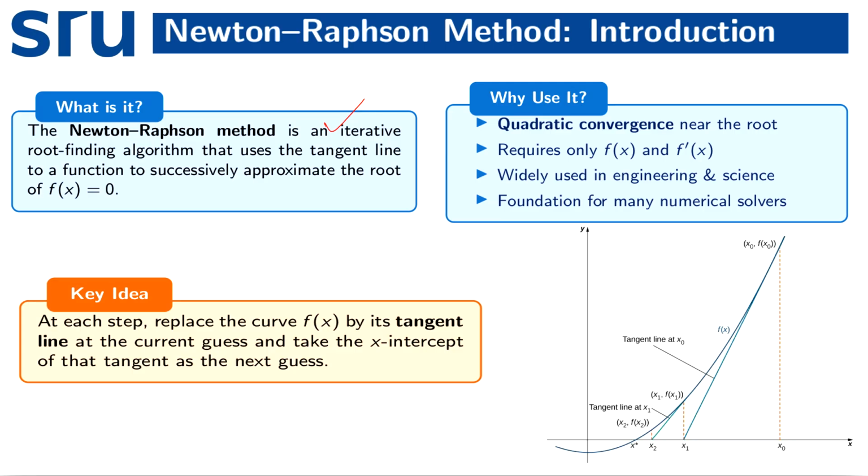It means that once we are close to the root, the method becomes extremely fast. Each step significantly improves the accuracy. So compared to many other numerical methods, this one is much faster.